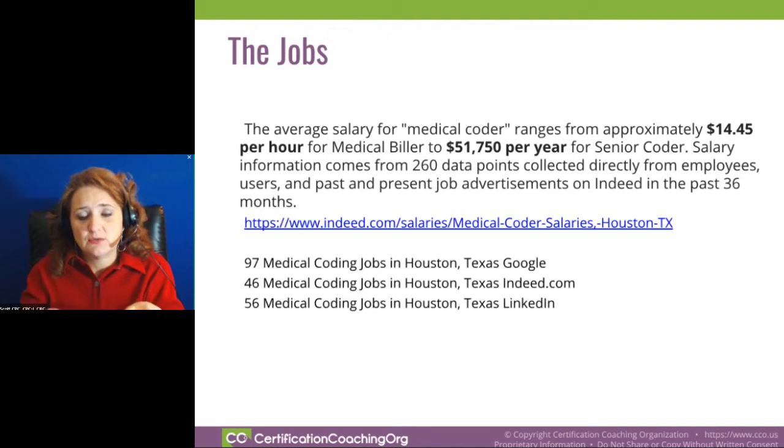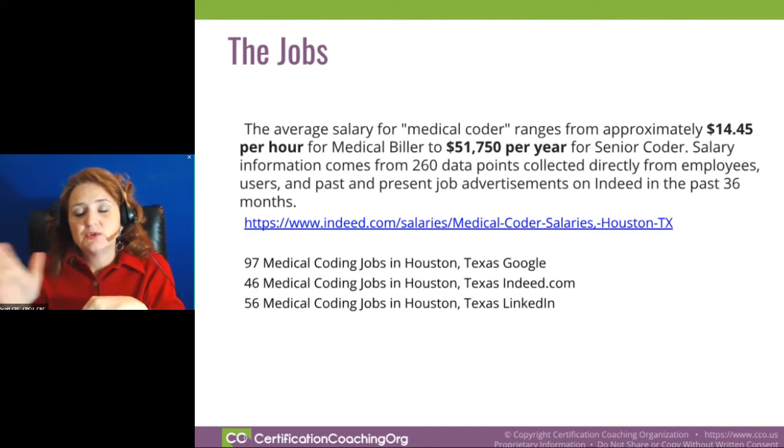National average, or for Houston, I guess, is about $50,000. This has changed, because I went and looked at some of the salary surveys that are out there, and in 2015 it was like 46, 48,000, and now it's up to 51. So every few years it goes up. The income definitely goes up.